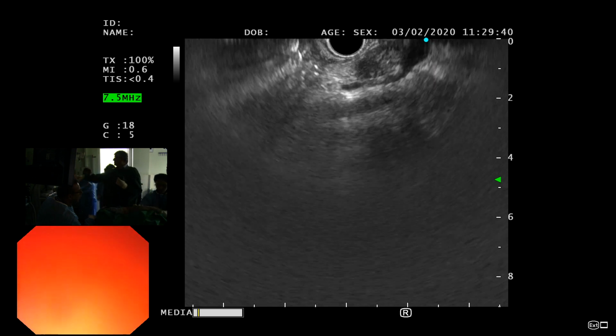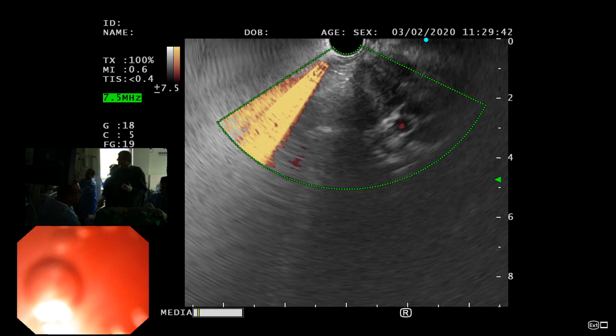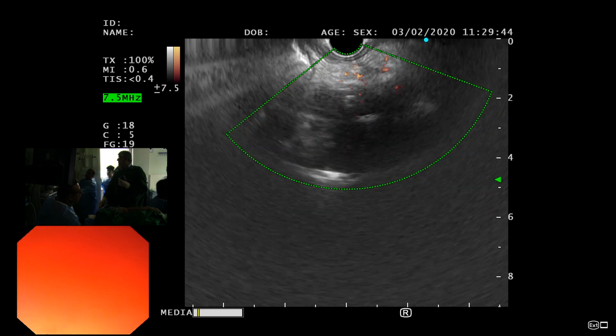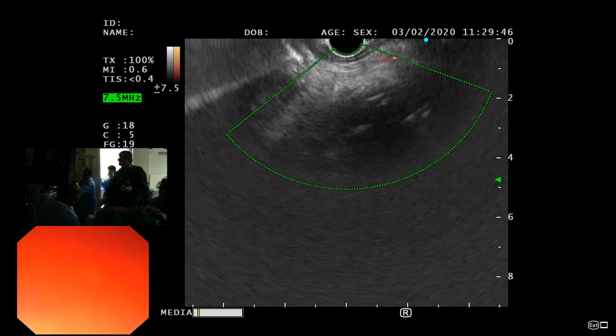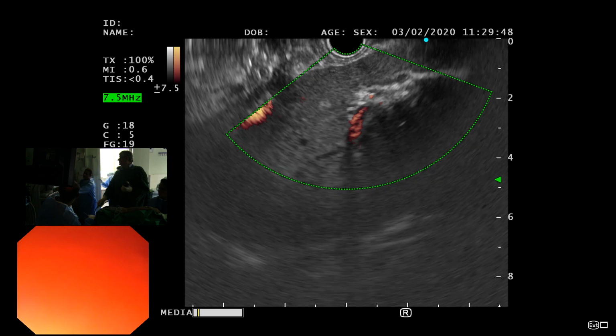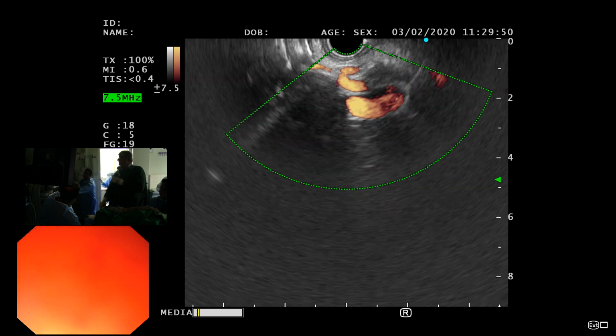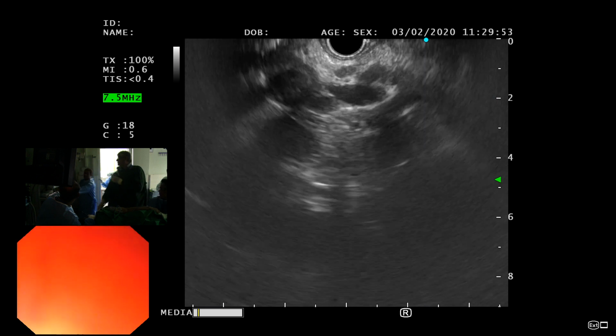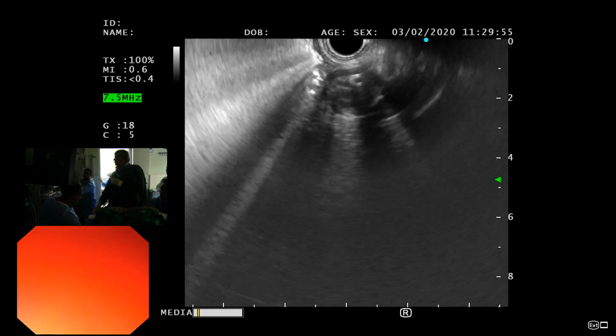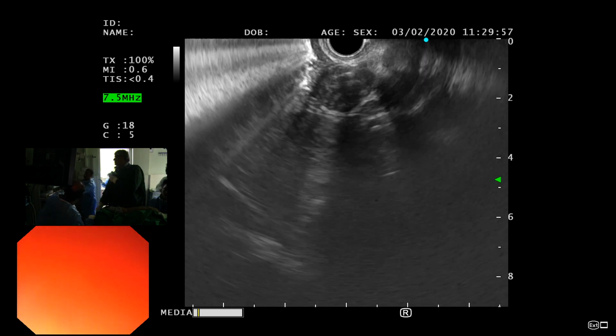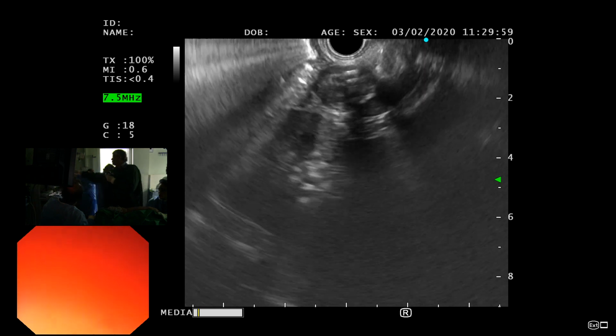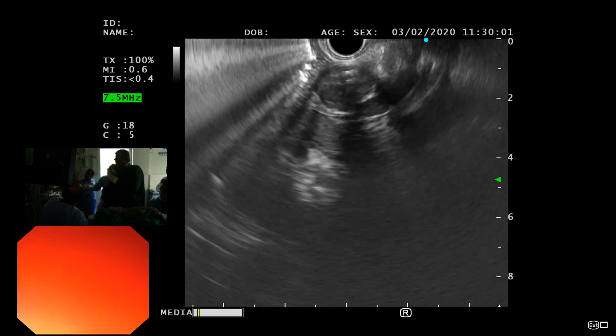Doppler देना. अभी बड़ा अनस्टेबल सा स्टमक है यार. एक सेकंड सर. So we have some lymph nodes. That's the stent there, I think. The two lines there. Yeah.